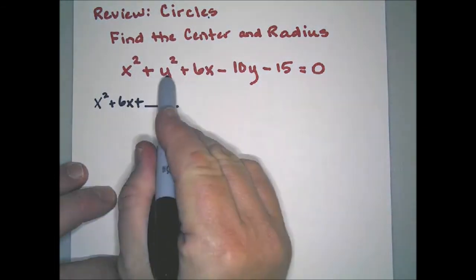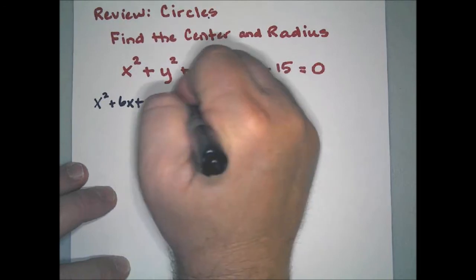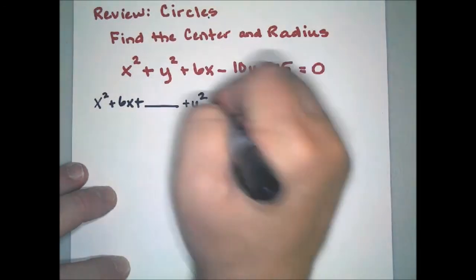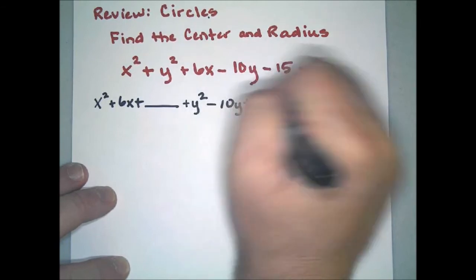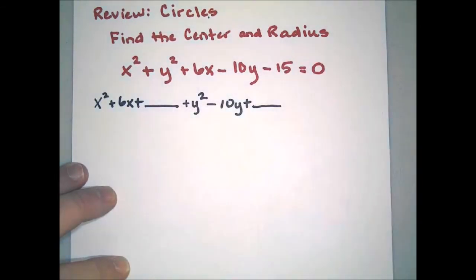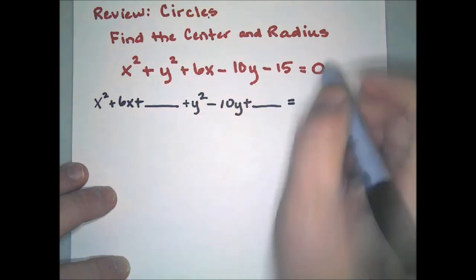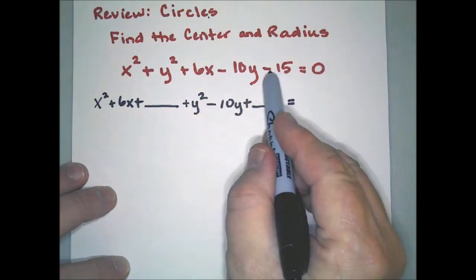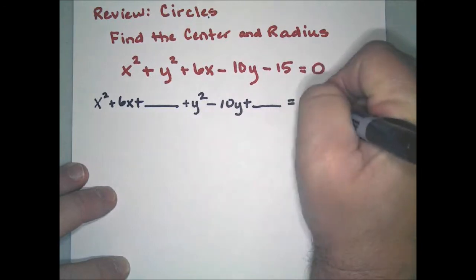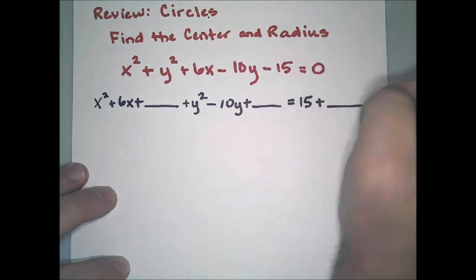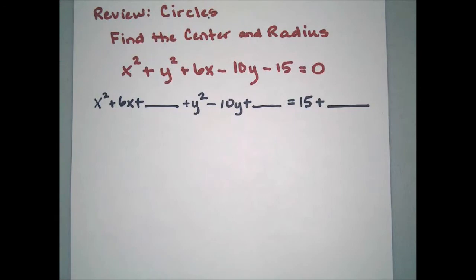Now, it would be the same thing for the y's, plus y squared minus 10y plus the missing number equals. Now, I'm going to start off with that 15 only on the other side, so it would be a positive 15, but then I'm going to add the sum of those two missing numbers.